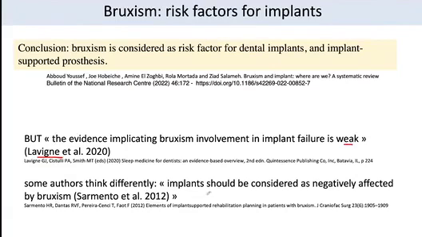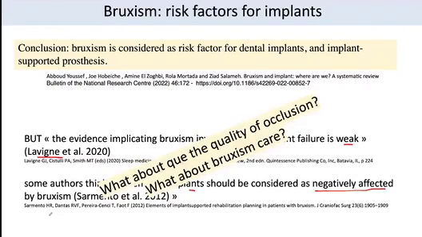And for some authors, implants should be considered as negatively affected by bruxism. So, what do we have to think about this? We first have to think that in many papers concerning this topic, nothing was said concerning the quality of occlusion.